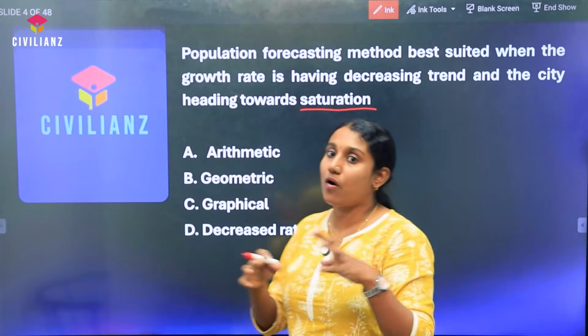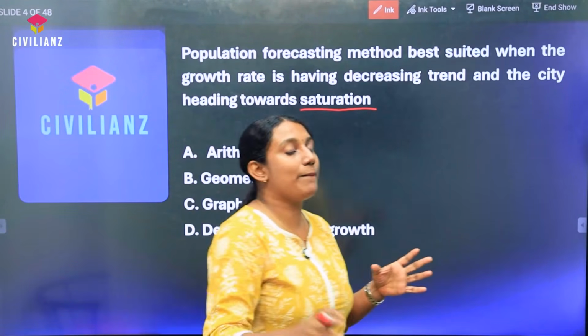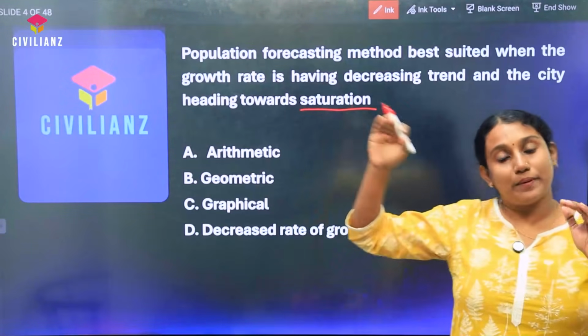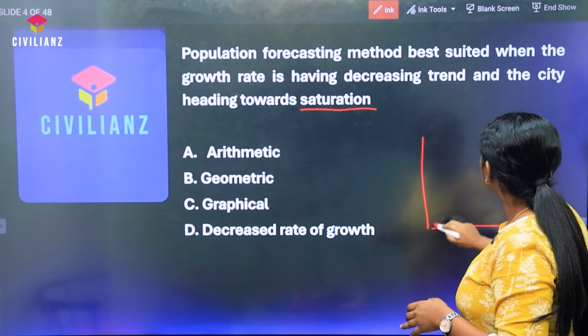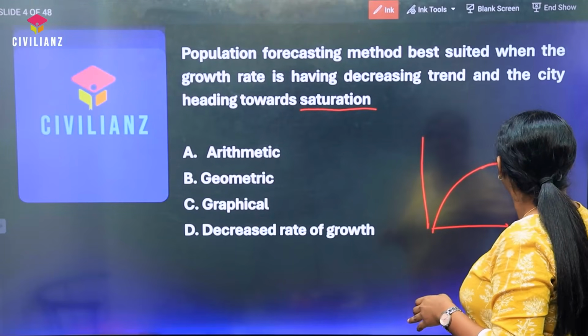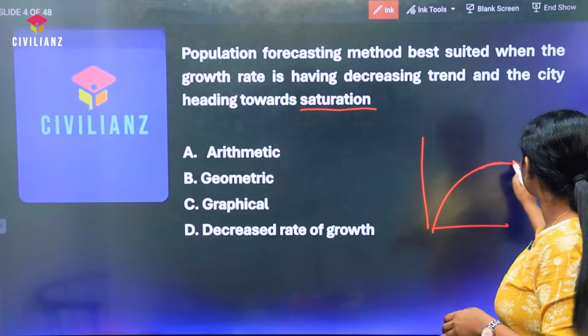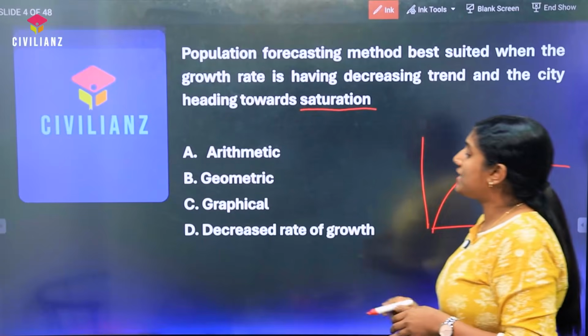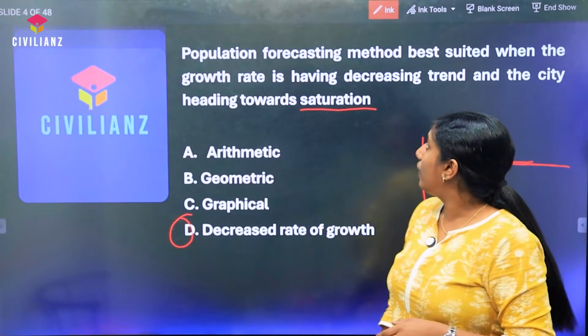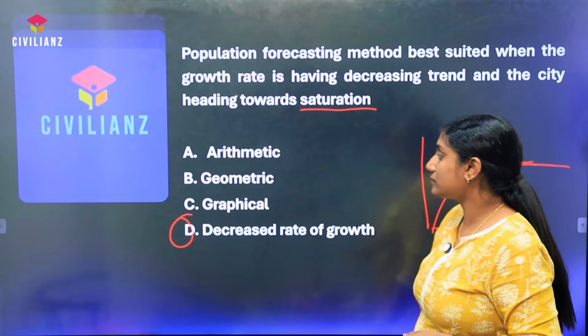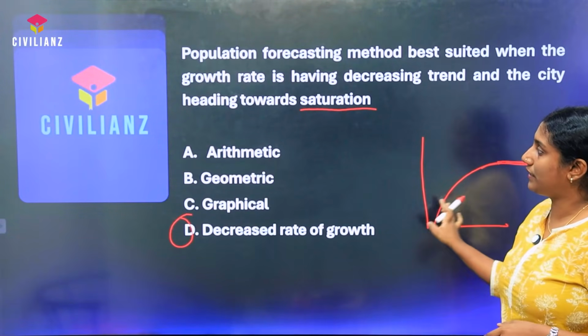Saturation means almost all development is done and the growth rate has reached its peak, with no further growth. So option D is the answer, decrease the rate of growth. Actually, it's a simple question. We can go to the next question.